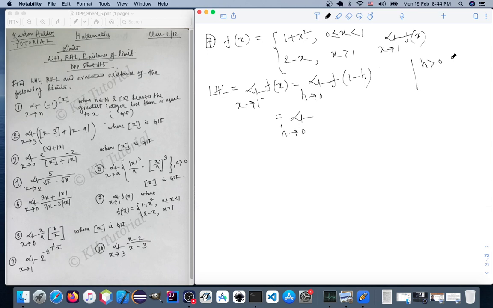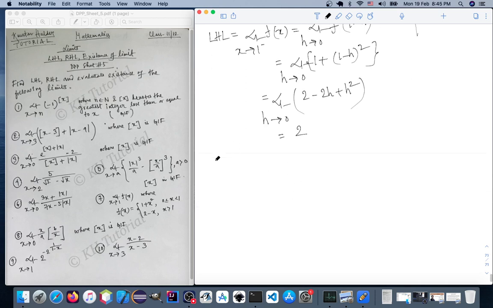So we have to use the first definition, that is 1 plus x square. h tends to 0, this is 1 plus (1 minus h) square. This becomes limit h tends to 0, 2 minus 2h plus h square. This equals 2.